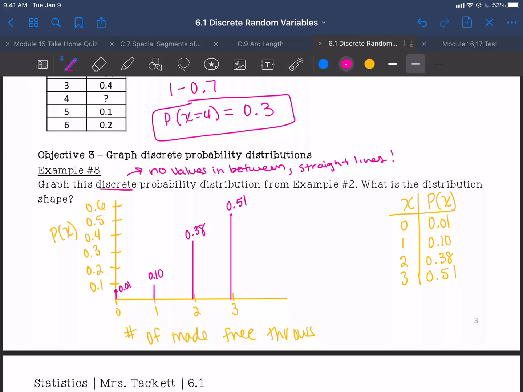Alright, so that would be the graph of our probability distribution function. The shape, if you look at that, it's tailed off on the left-hand side, so we would say that this is skewed left.